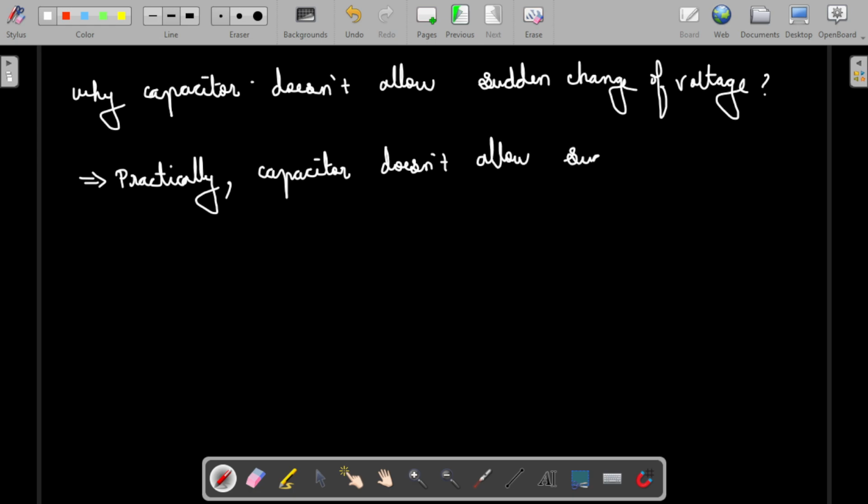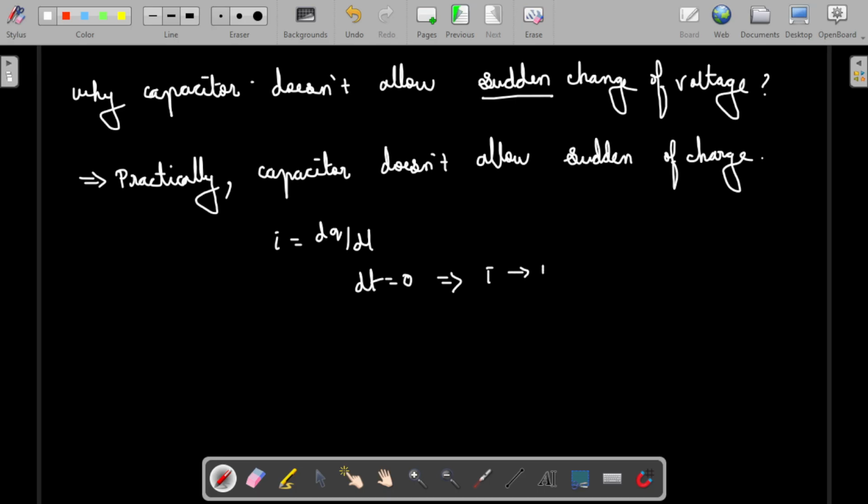Because we know that the voltage and charge are directly proportional, right? So we know I is equal to dq by dt. If the change is sudden, we can say that dt is equal to 0. So if dt is equal to 0, I would need to be infinity.